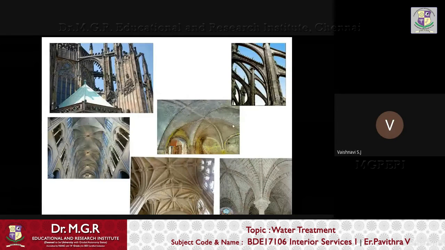Ribbed vault. This is fan, groin. French Gothic. Yes, it is French Gothic. We have studied only French Gothic, so only French Gothic styles are in this, not Italian and English. So vault, fan vault, six-parted, ribbed, groin. Who said it? Uma Maheshwaran.